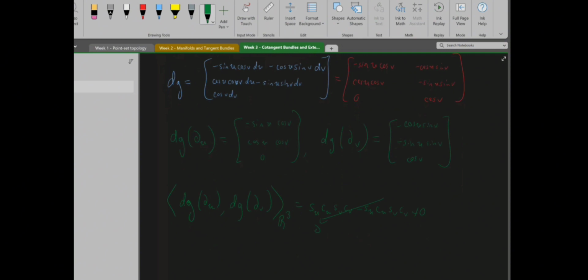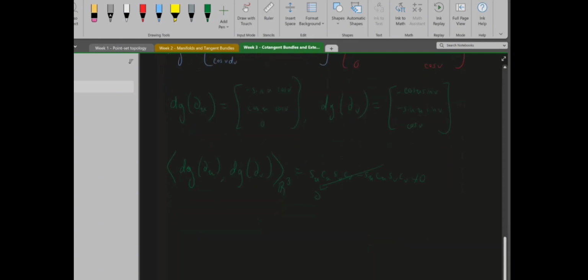So yes, they're orthogonal. And then secondly, you can check that they are normal. So dg del u with itself should give you 1. This with itself is going to give you sine squared u cosine squared v plus cosine squared u cosine squared v. Well, no, that's just going to give you cosine squared v, so you have to be a little bit careful here.